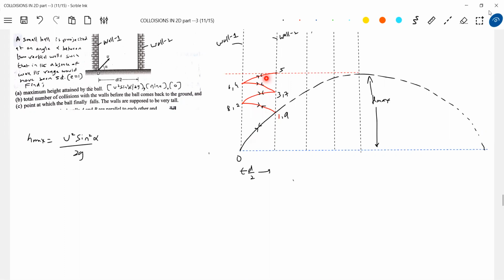Now he has given one more thing, that in the absence of the wall, its range would have been 5d. Its range would have been 5d means one more wall is needed.